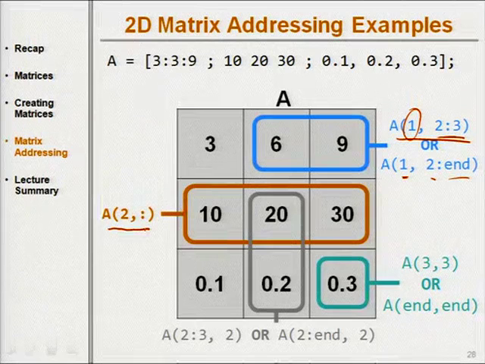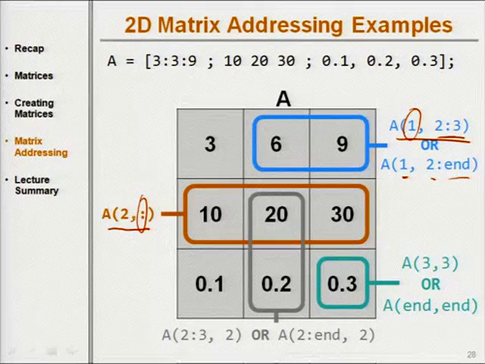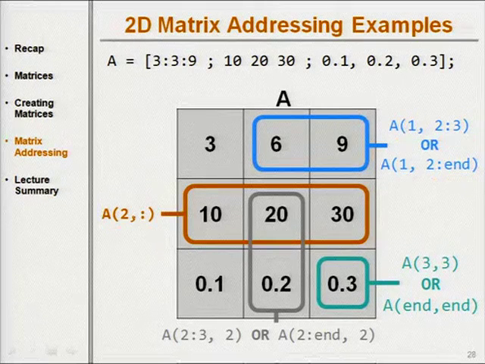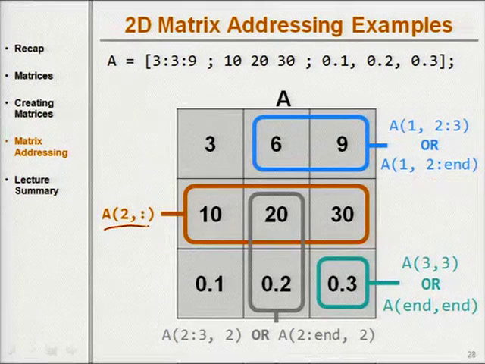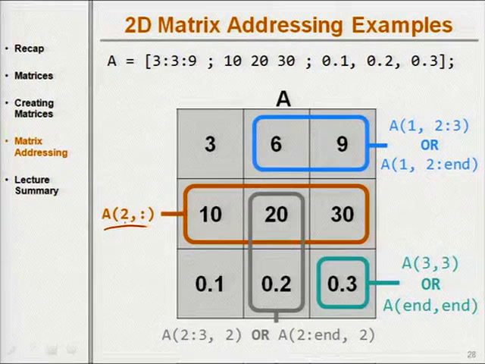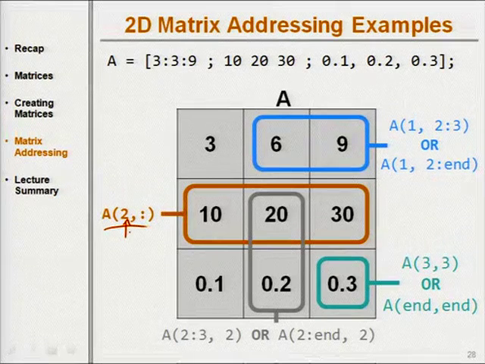So notice here, there's another syntax using the colon. The colon means you want all the elements in that row or in that column. So in this case, if I say A, and I open the bracket, I write 2, so 2 will mean the second row.